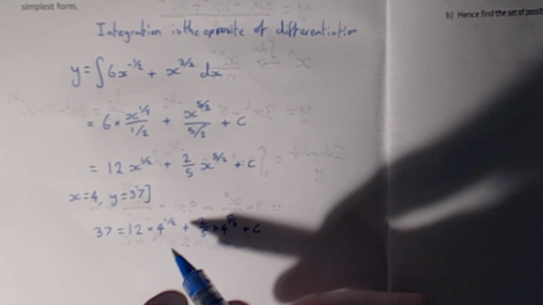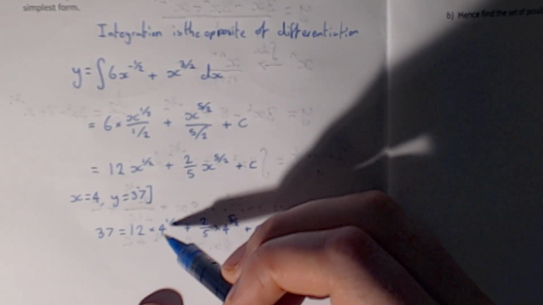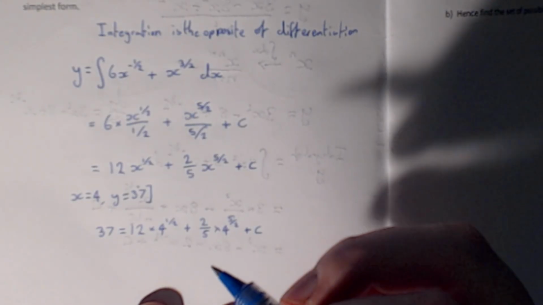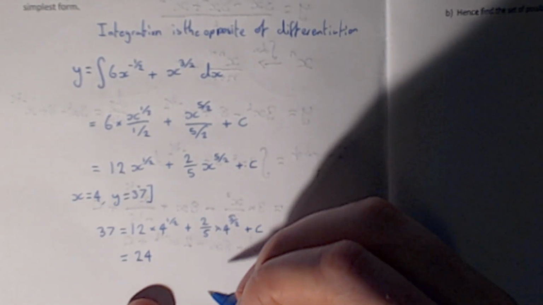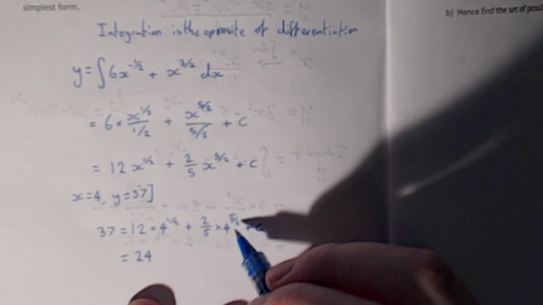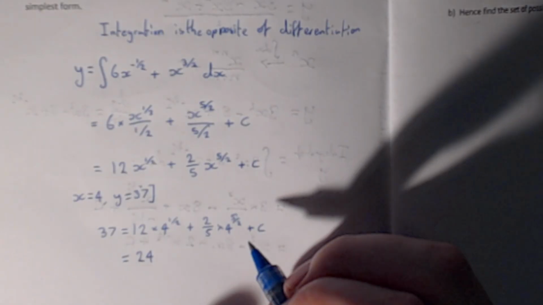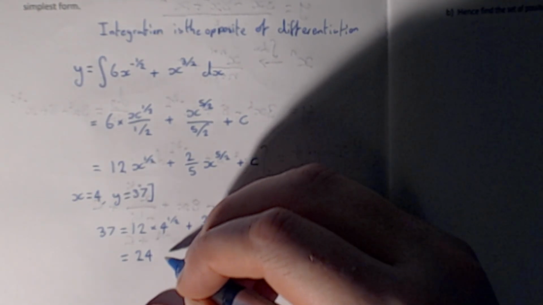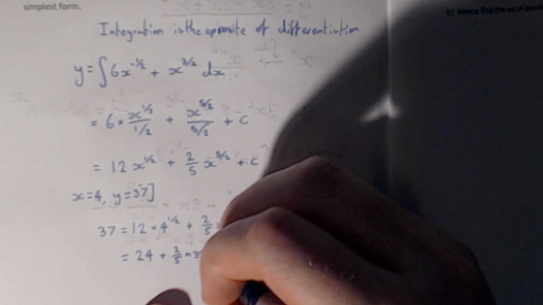We can work this out, we can put some of these into our calculators. If you really want, we could notice that 4 to the power of a half, that's the square root of 4, so that's just going to be 2. So this is 2 times 12, which is 24. This is 2 to the power of 5, which comes to 32. So it's going to be 2 over 5 times 32 plus c.